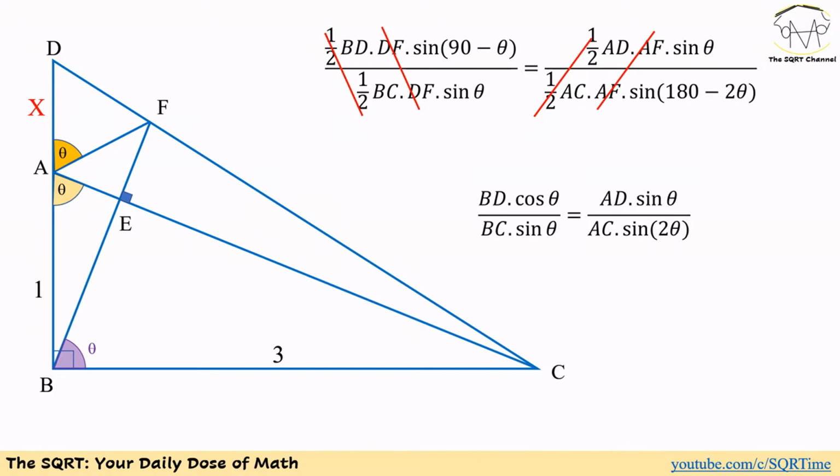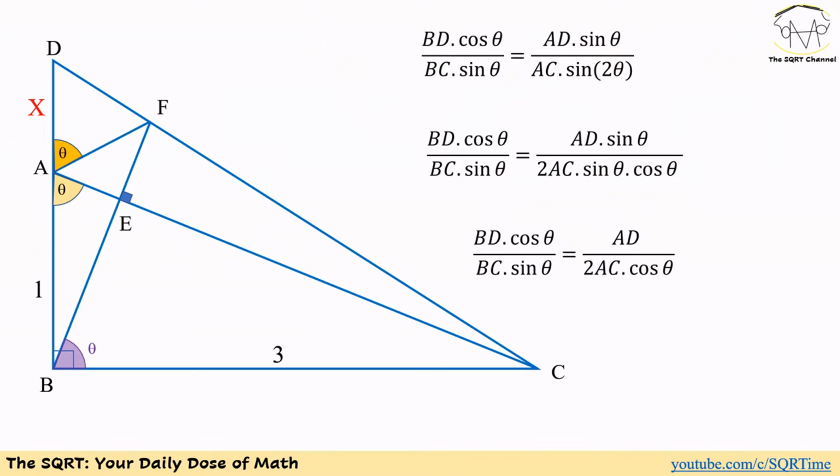Then we will use cosine of theta as sine of 90 minus theta, and we will use sine of 2 theta as sine of 180 degrees minus 2 theta. At the end, we will have BD cosine of theta over BC sine of theta is equal to AD sine of theta over AC sine of 2 theta. Now we are going to use 2 times sine of theta cosine of theta as sine of 2 theta. Then we will remove the common terms again.